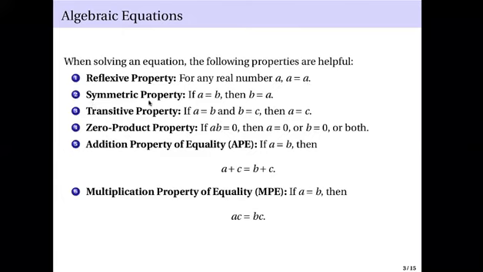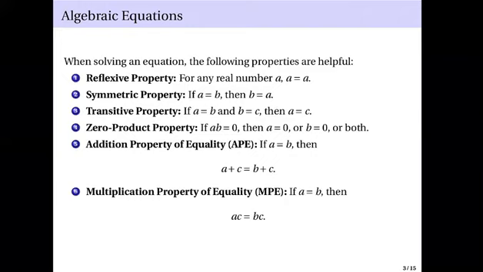Now, we have the symmetric property. And this means that if a is equal to b, then b is equal to a. So you can think of this as, say, maybe Alice and Bob are siblings.